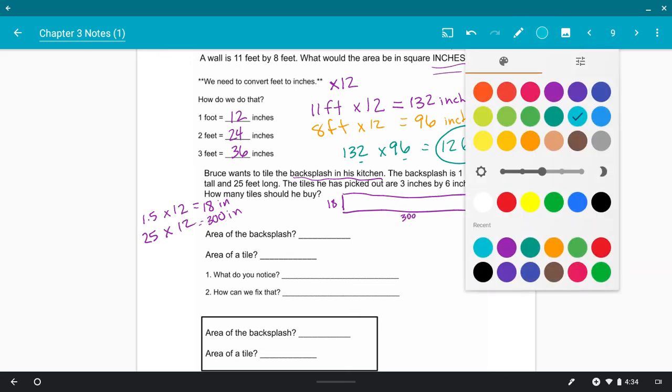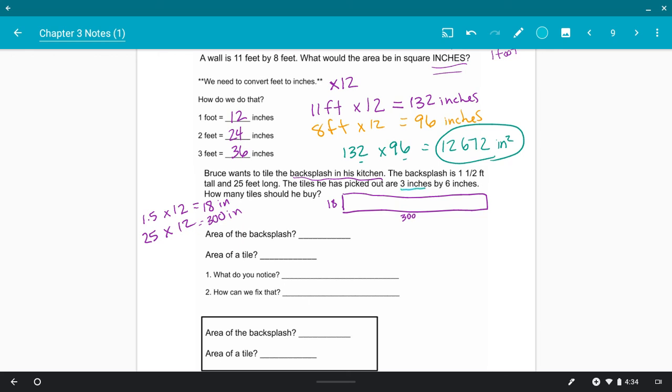So it says the tiles he's picked out are 3 inches by 6 inches. So the question is, how many tiles should he buy? Well, we can't find the area of the backsplash in feet and then find how many tiles because tiles are in inches. Basically we need to have them match. I thought it would be easier to just move it into inches because it would be big numbers.